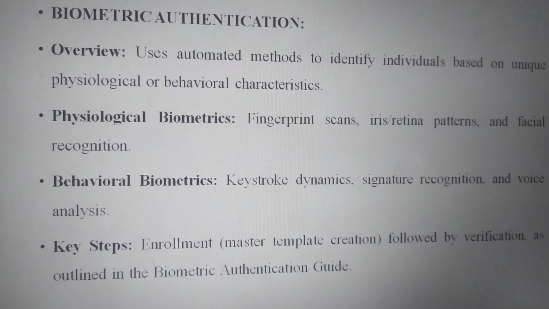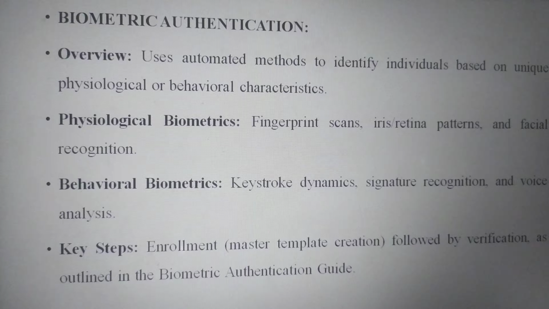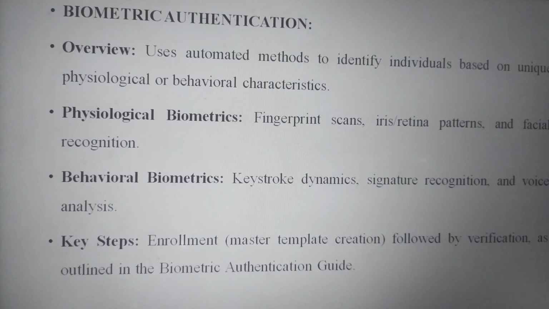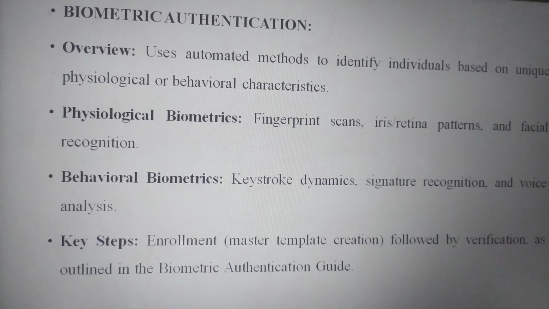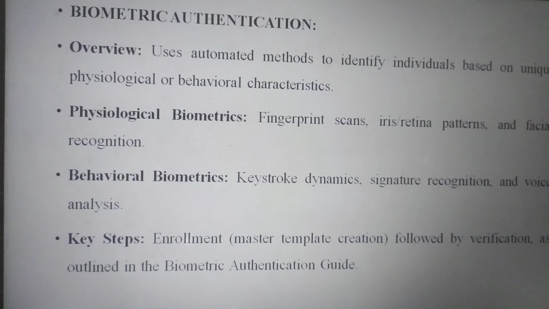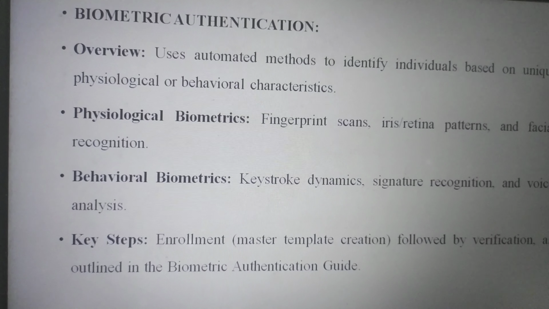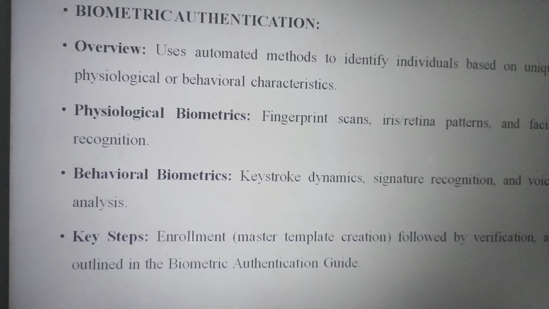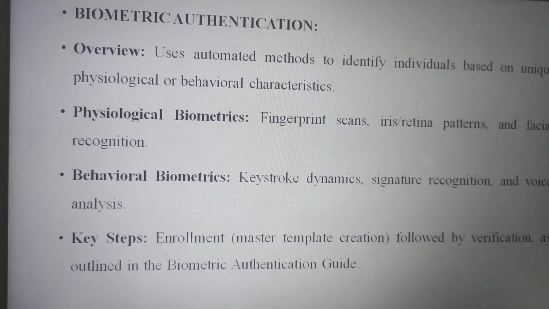There are two types: first one is physical, second one is behavioral. In physical, we can recognize a particular person by fingerprints, iris and retina patterns, and face recognition. In behavioral biometrics, we can recognize a person based on their signature or voice analysis.